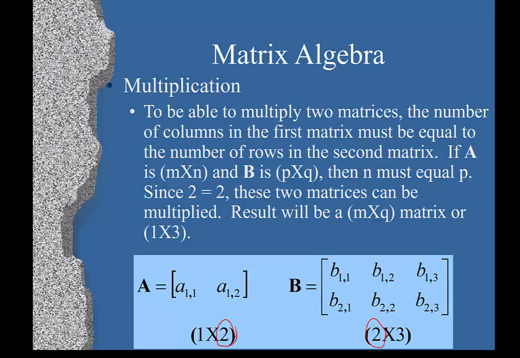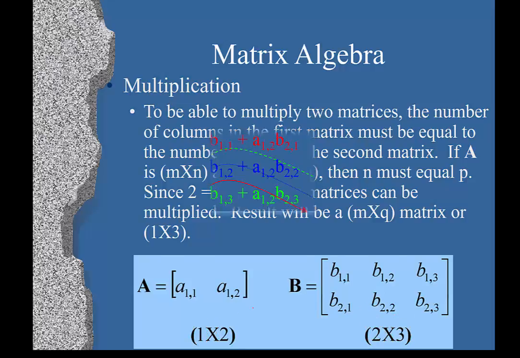So these two inside numbers have to be the same. And the result will be a matrix of order m by, we're calling it q. So the outside two numbers will be the order of the result matrix. This will be a 1 by 3.